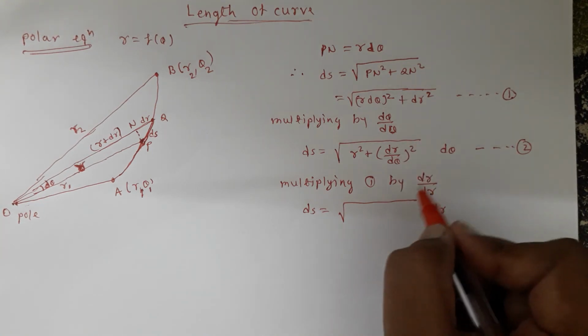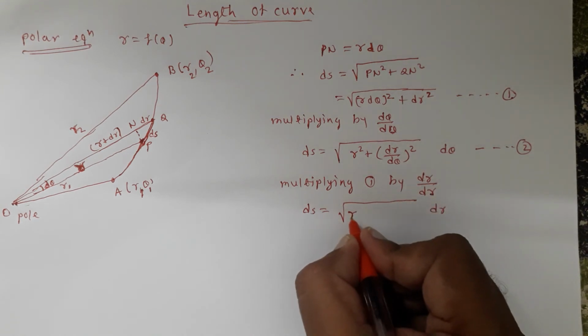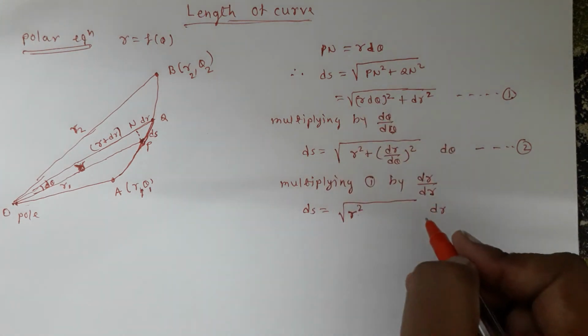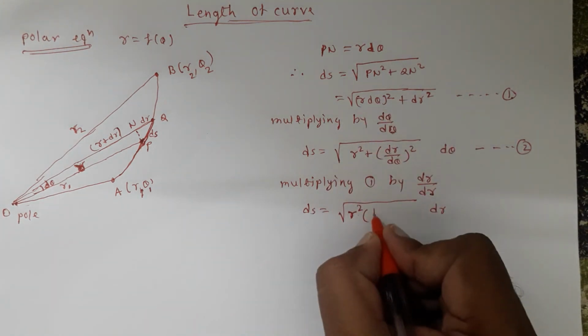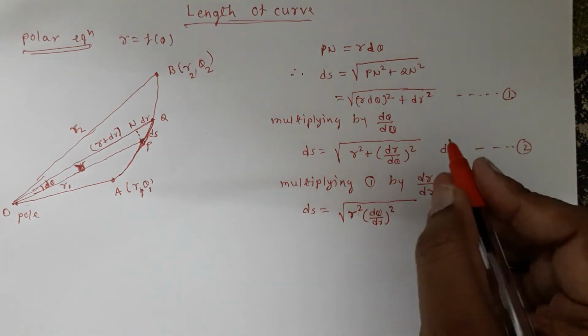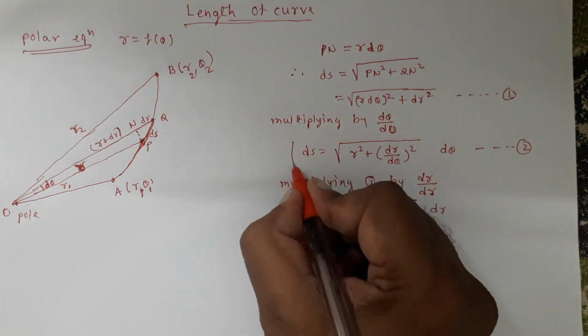When I bring it inside the square root, it will become dr square. So the equation will be like this: r square divided by dr square into (d theta by dr) the whole square, plus dr square by dr square is 1. So this is the first equation.